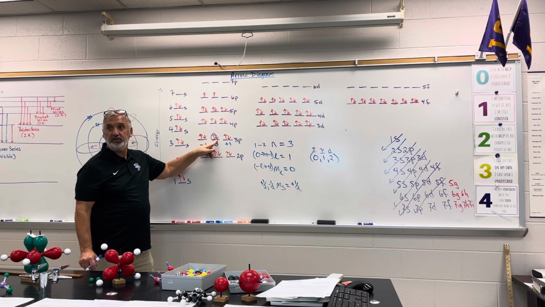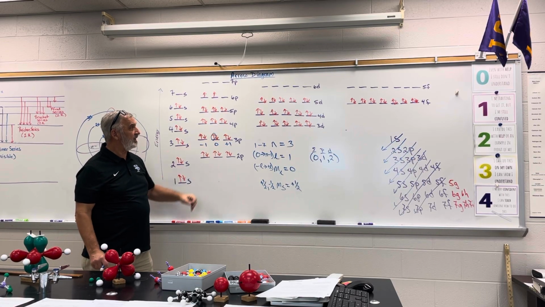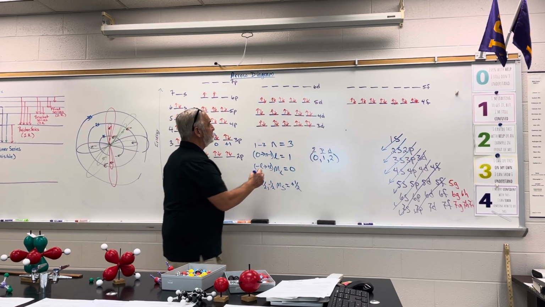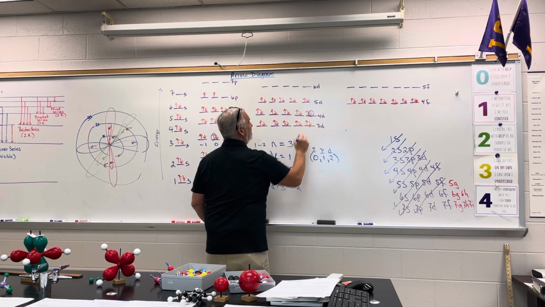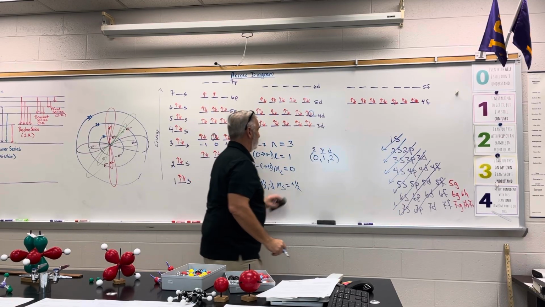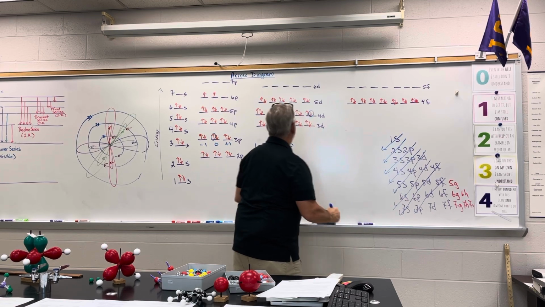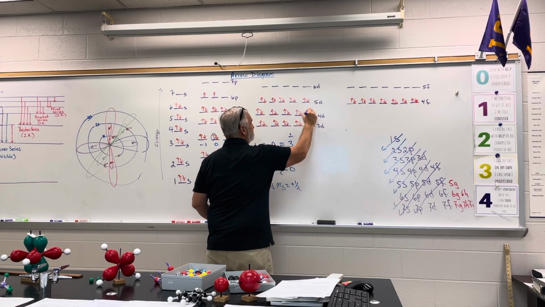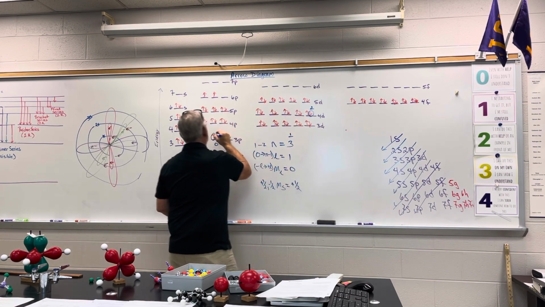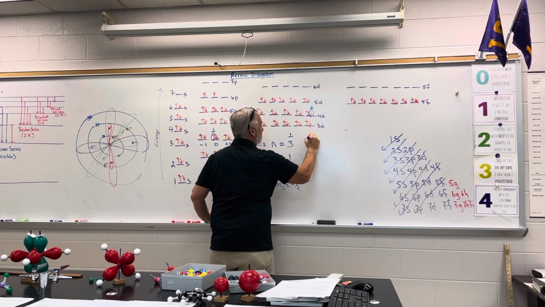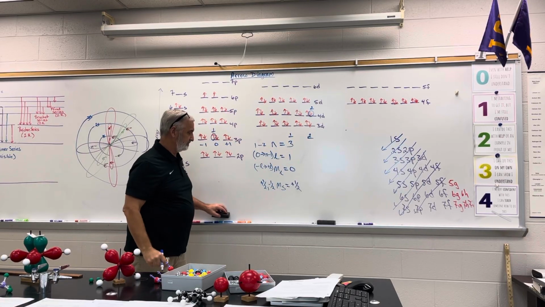Okay? 2 electrons in any orbital. So if I pick a different one, so if I pick this one right here. This is going to be electron number 2. This is number 1. What energy level is it on? 4.